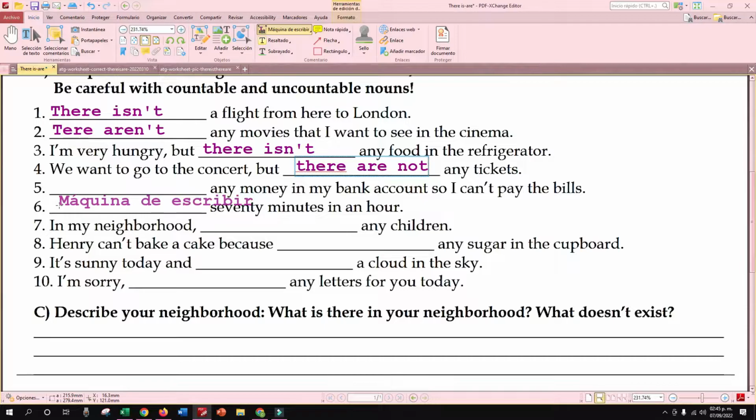What about number 5? Any money in my bank account. So, I can't pay the bills. Money. What do you think about money? There aren't. Ok.